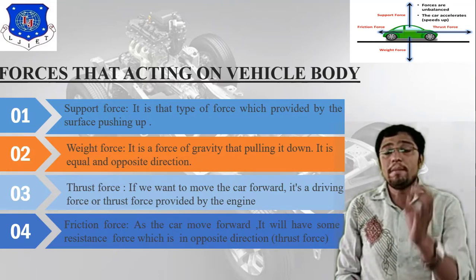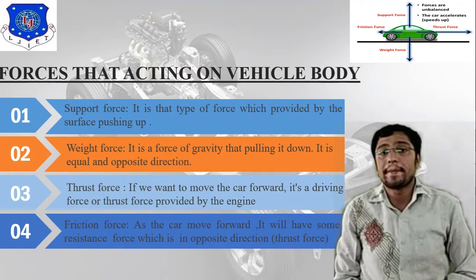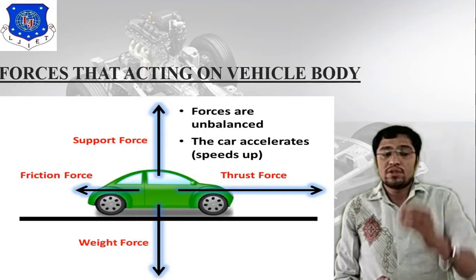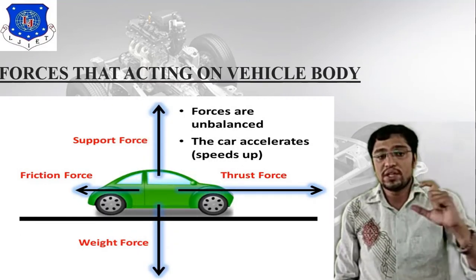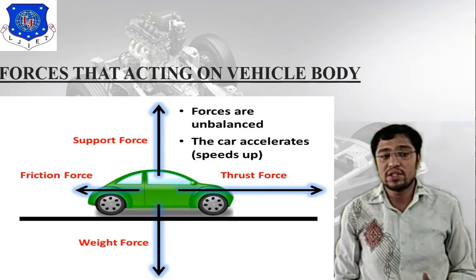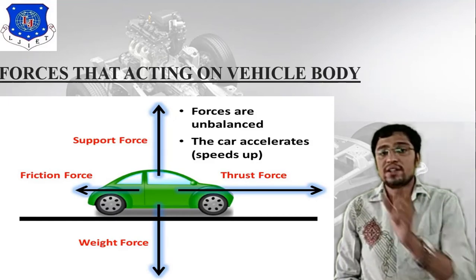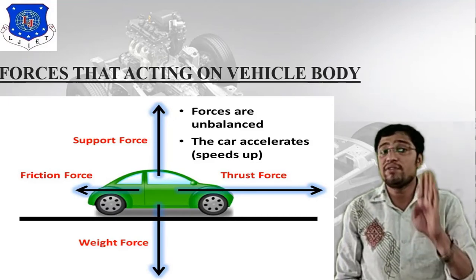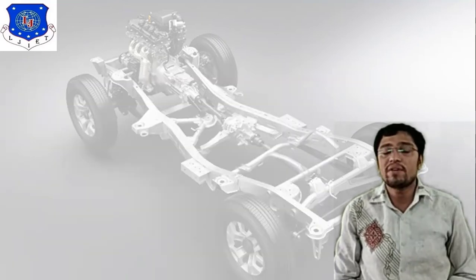So these are the main four different types of force acting on the vehicle body. As you can see, in the vertical direction you can find support force. In the downward direction you can find weight force, and in the horizontal direction you can find friction force and thrust force. These are the four main forces acting on the vehicle body. So move forward to the next slide.